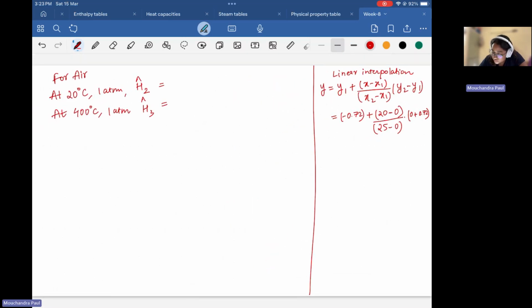If you solve this quickly, you should get the enthalpy value at 20 degrees Celsius.